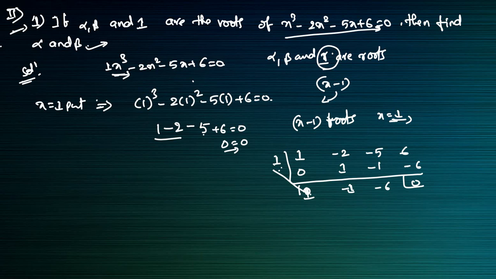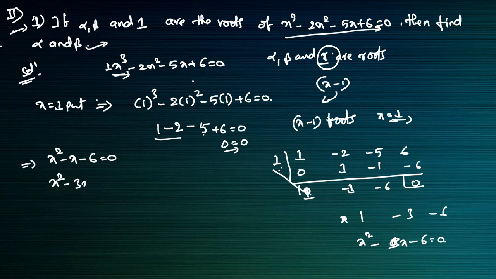So we have got the coefficients 1, minus 1 and minus 6, so the quadratic is x square minus x minus 6 is equal to 0. We factorize this: x square minus 3x plus 2x minus 6 is equal to 0.